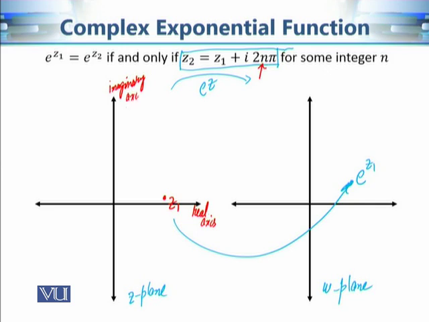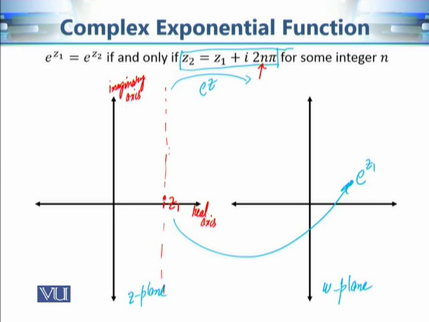One thing is very clear, that this other number z2 is going to have the same real coordinate, or if this is, let's say, the x coordinate, then it's going to have the same x coordinate. So for example, it's going to be on this line. So that's the first observation.